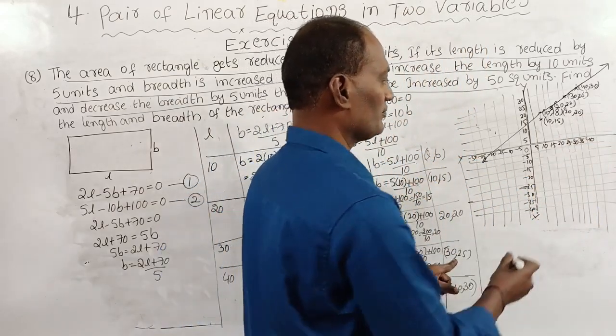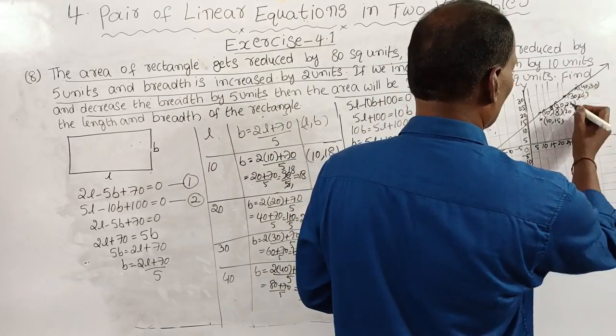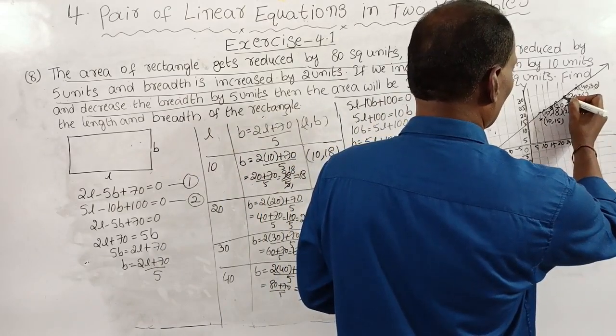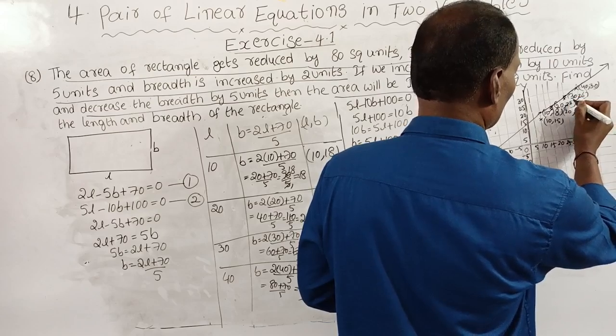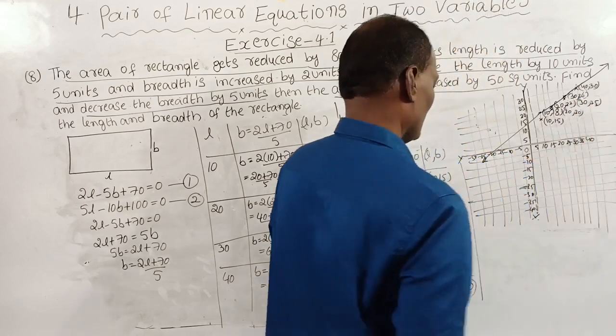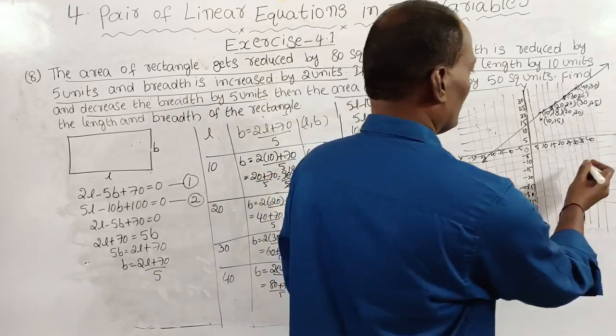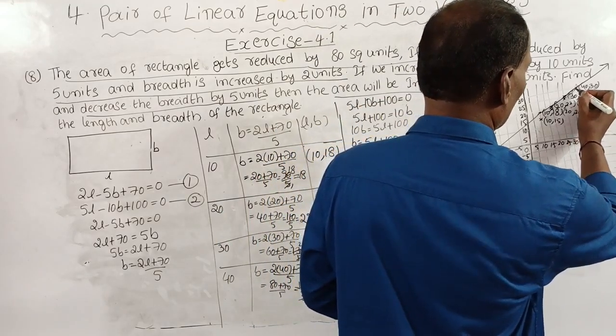Next 30, 25. This is 30, here 25. Then 40, 30. 40, 30 is the same as represented here, 40, 30.